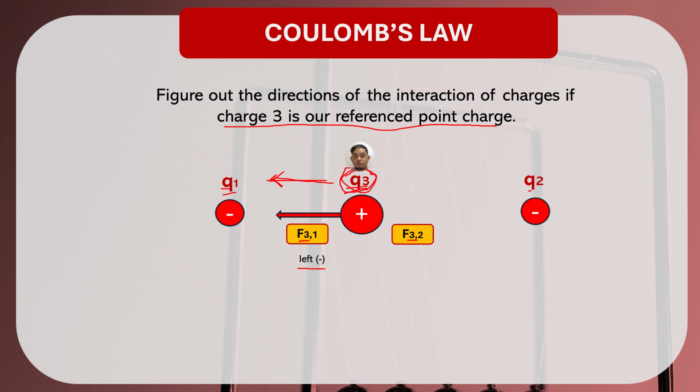Charge 3 is our point charge, so let's find out what charge 2 does to charge 3. They are definitely unlike charges. So charge 2 will have to pull Q3, positive, towards it, negative. So the direction will be going to the right. You can just write right or positive.